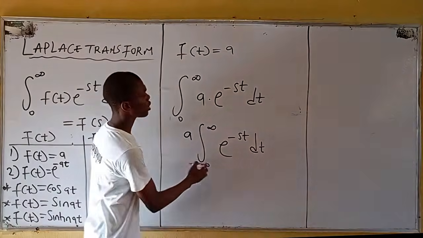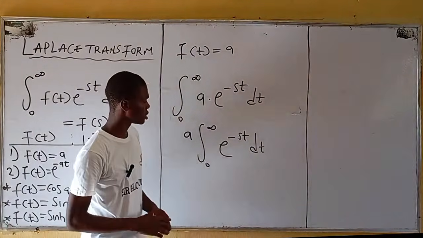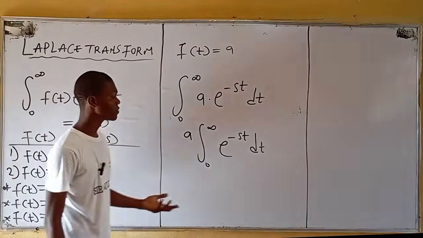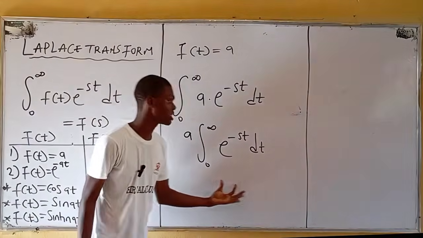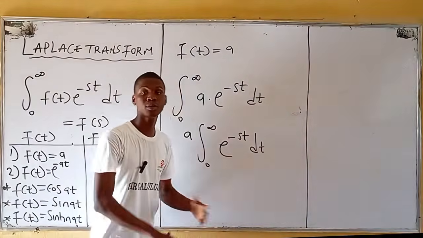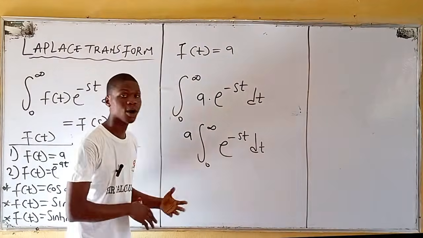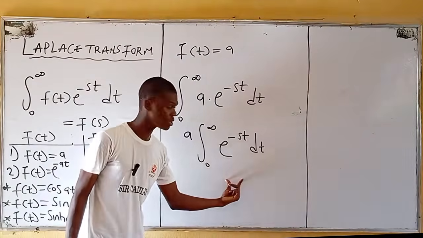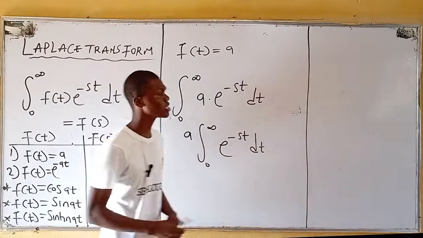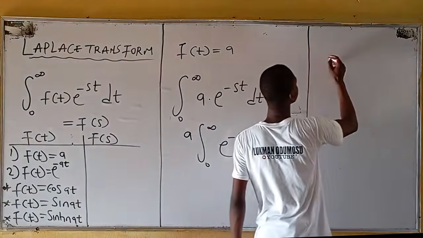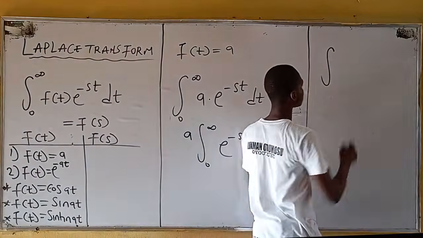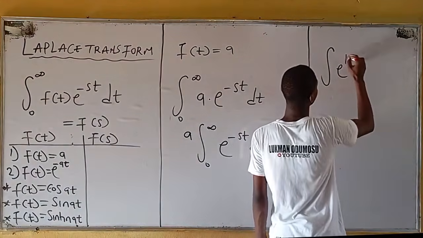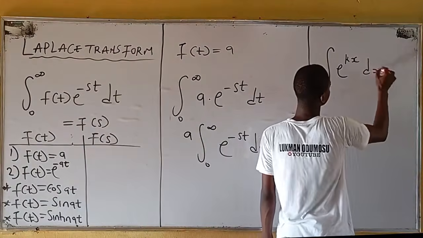Now, let's integrate this. What type of integration is this? This is a definite integral. I want to believe we watching this video are 300 level students, meaning you should be able to integrate this. But let's take it back to integration. In integration, you want to integrate something of this nature, exponential k raised to the power of x dx.